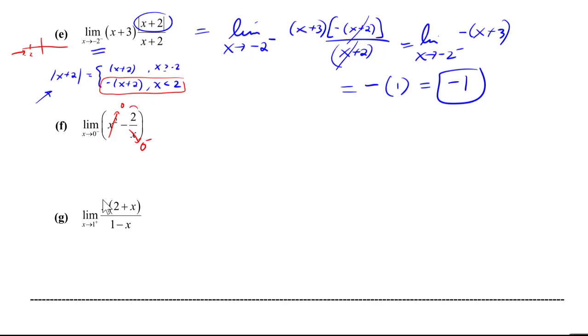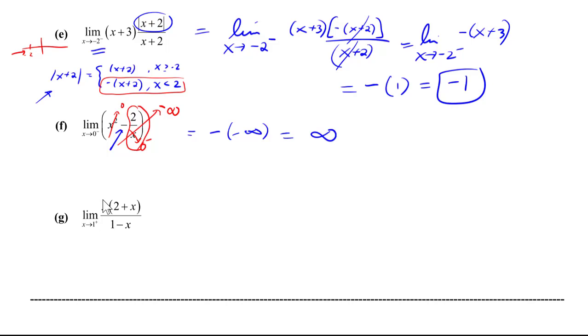So this whole 2 over x term is going to infinity, but because it's a positive 2 over negative tiny numbers, it's going to be negative infinity. But essentially now I have 0 minus the negative infinity, so I actually get positive infinity.